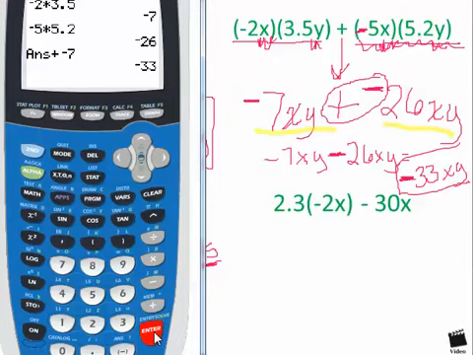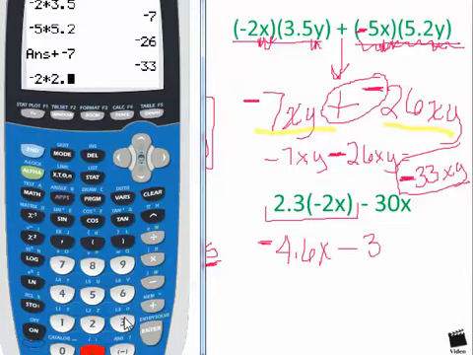Last one, and let's see what I'm going to do. I'm going to multiply here because I see multiplication. I see no exponents. I see no parentheses other than my grouping symbols, other than the ones that tell me to multiply. So negative 2 times 2.3, 4.6, and it's negative, and there's an x guy there.